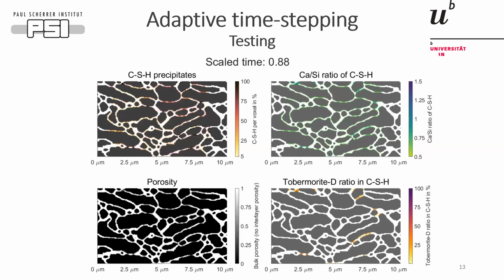But we also know the ratio of the CSH end members, which can be used to calculate the calcium to silica ratio of the CSH, which is important because it influences the migration of, for example, radionuclides in the repository by several magnitudes, because it influences the shield porosity.